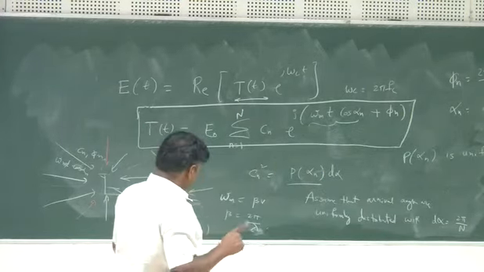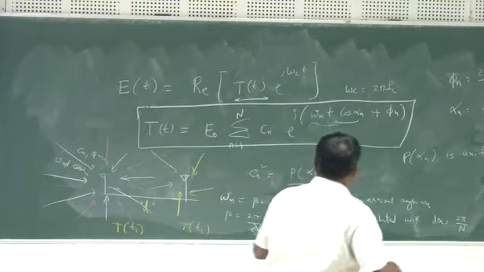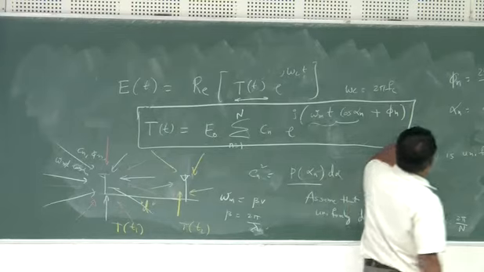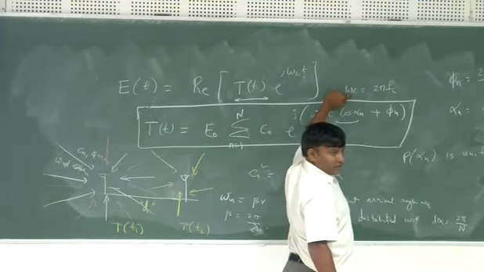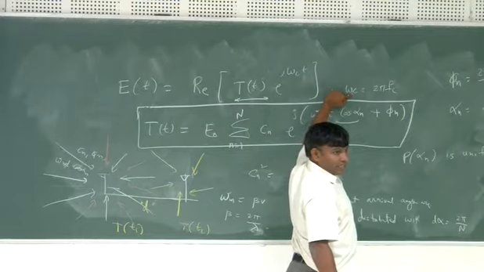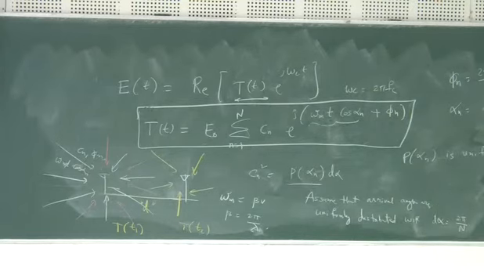How would it affect things if you send two waves at two different frequencies? Let us say I send one wave at omega c1 and another wave, let us say 300 kilohertz apart, at omega c2. Will they experience the same thing?